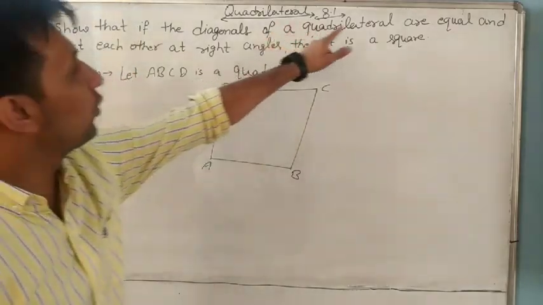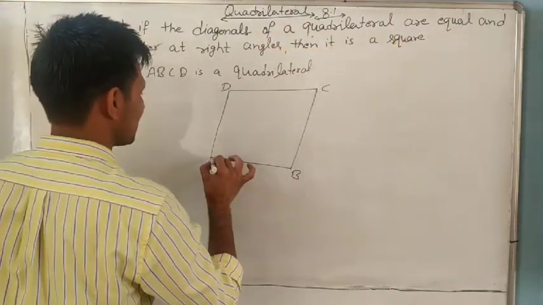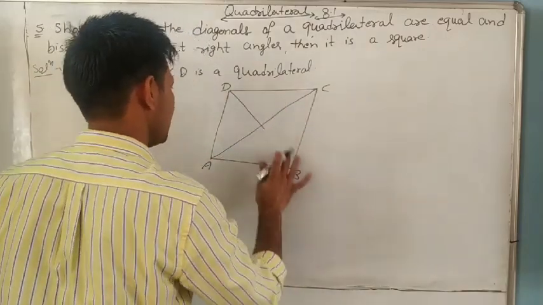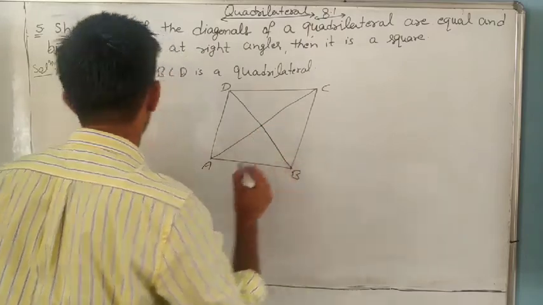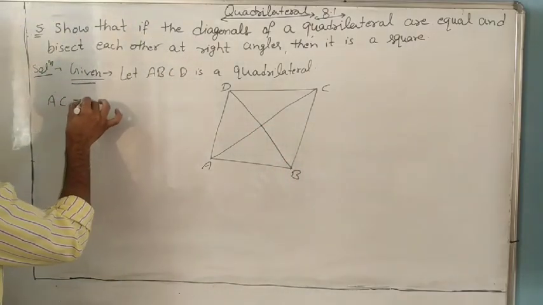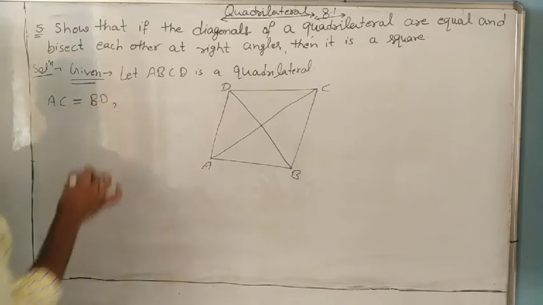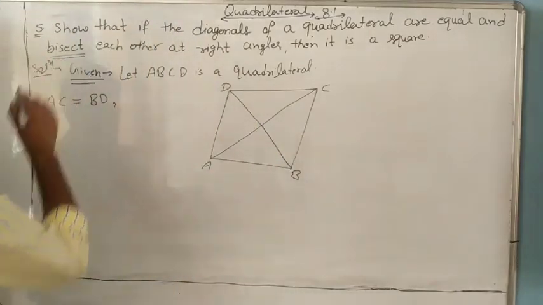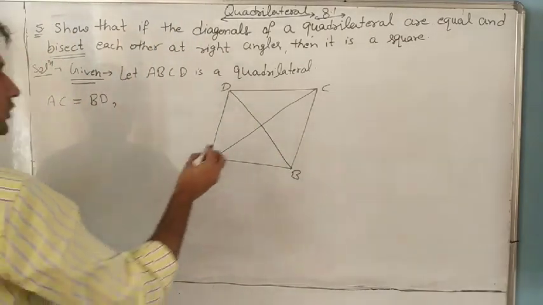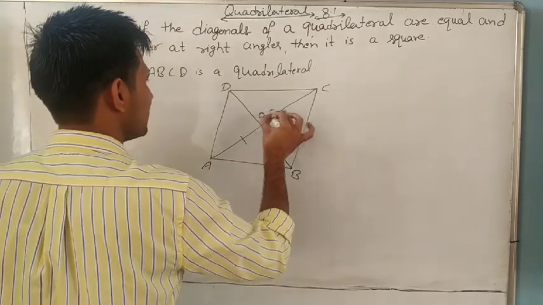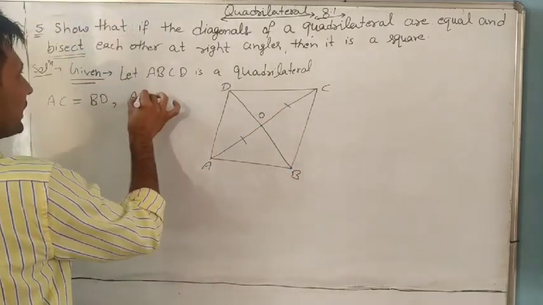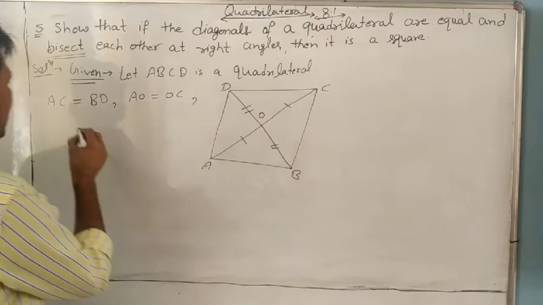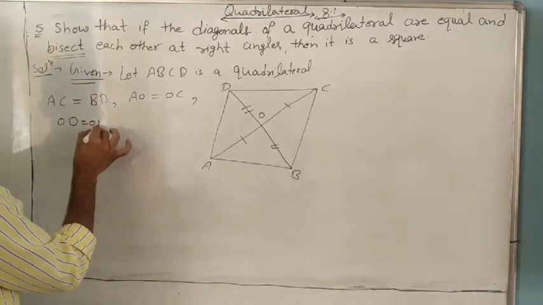And what is given? Whose diagonals are equal. So diagonals are equal means AC equal to BD. So always write what is given, AC equal to BD. Next, the diagonals bisect. Bisect means divide into two equal parts. So if O is the point of intersection, it means AO equal to OC, OD equal to OB, given.